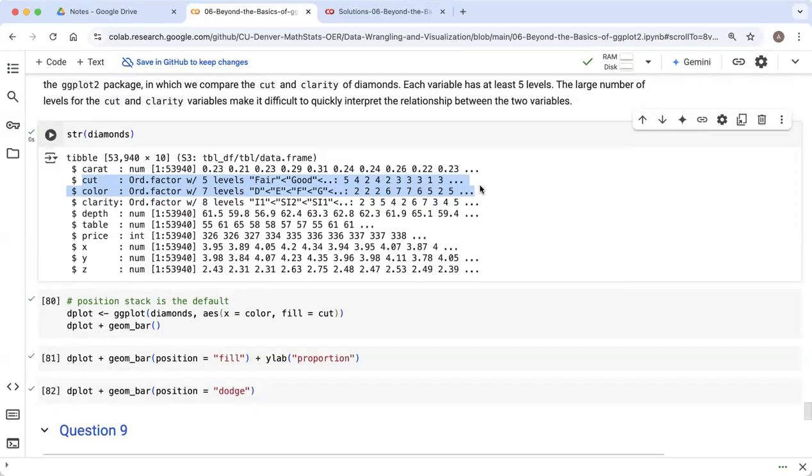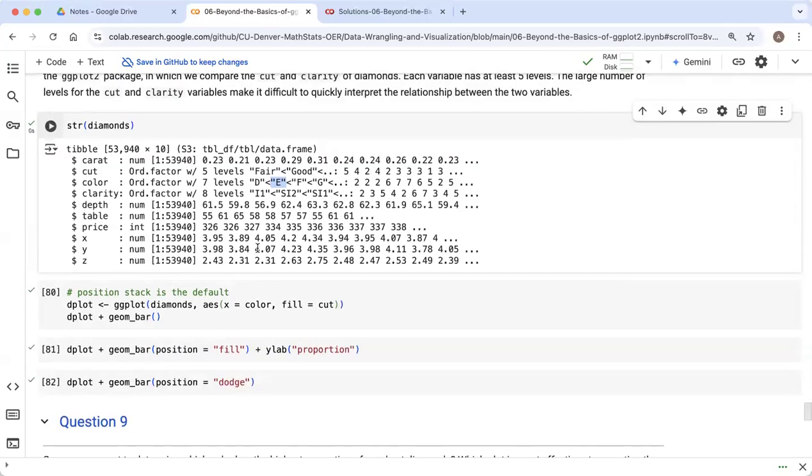And these are ordinal, since a good cut is better than a fair cut, and so on. So these categories have rankings in terms of this category being worse than that category, which is worse than that category. Color is also a categorical variable. There are 7 levels. They also have rankings. So the worst color is D, the second worst color is E, and so on.